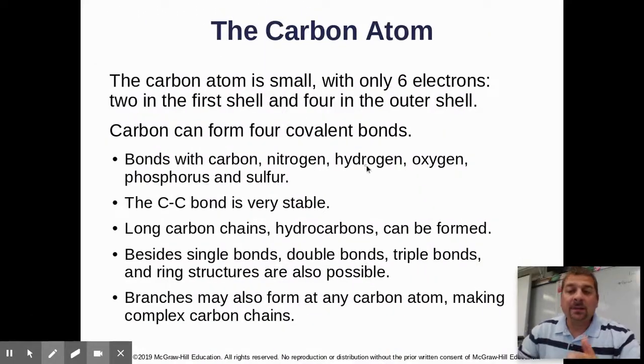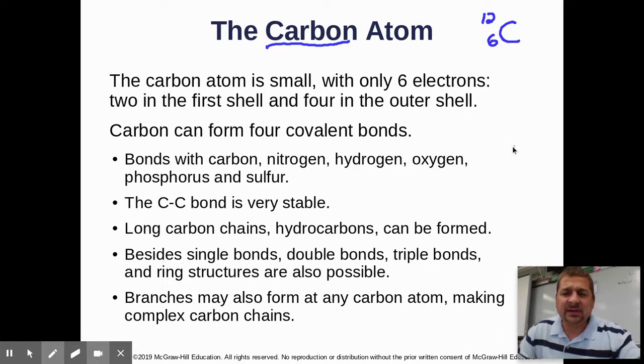Okay, when we talk about organic chemistry that's based on carbon, we need to review the structure of carbon just a little bit. If you remember, carbon has a mass of 12 and an atomic number of 6. I'm not sure if I put those in the right spot there, but anyway, 12 minus 6 gives us 6 protons, 6 neutrons, because the atomic number is 6, and for neutrons, 12 minus 6 is 6.